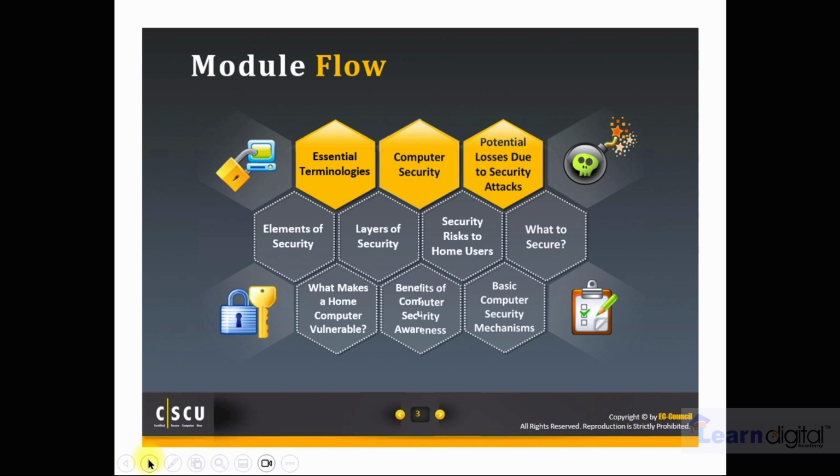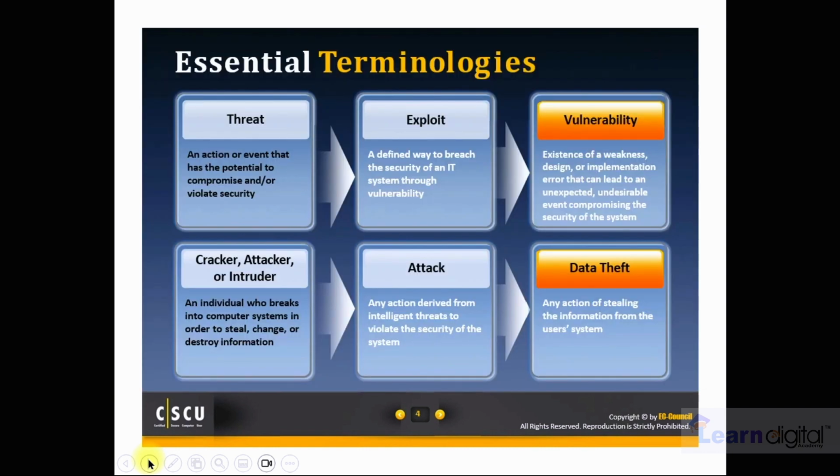First of all, we will discuss these three important points: essential terminologies, computer security, and the potential losses due to security attacks. The most important terminologies are threat, vulnerability, and data theft. If you are asked what exactly a threat is, it is an action or event that has the potential to compromise and or violate security.